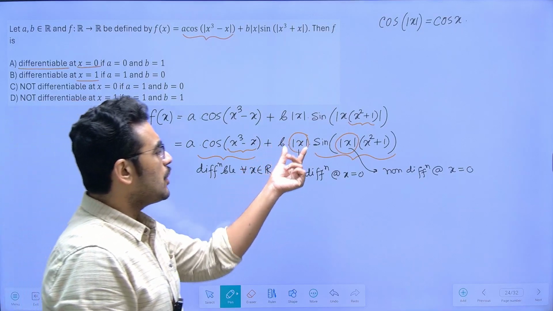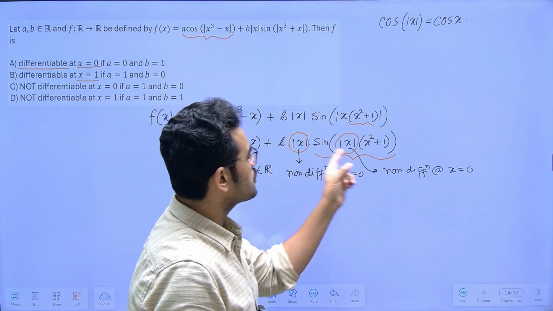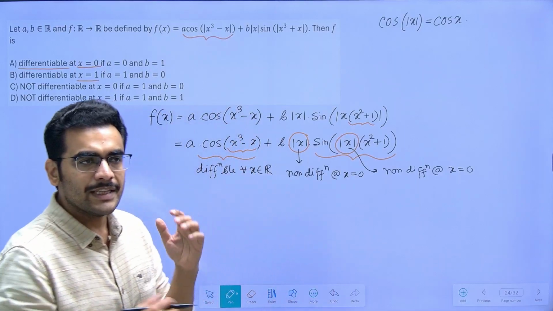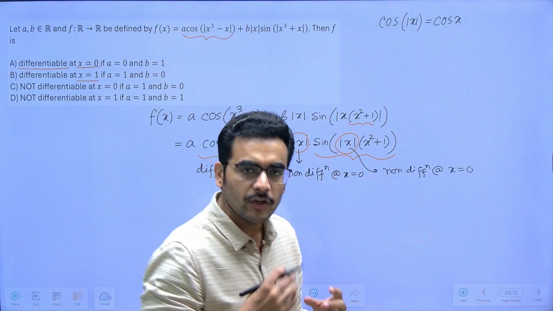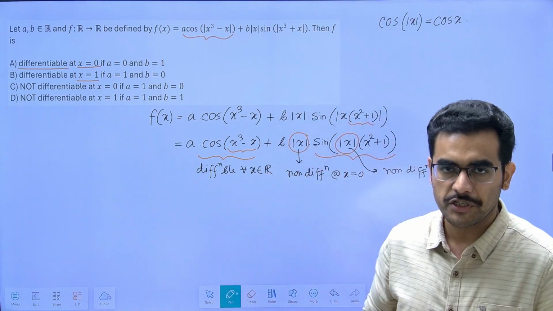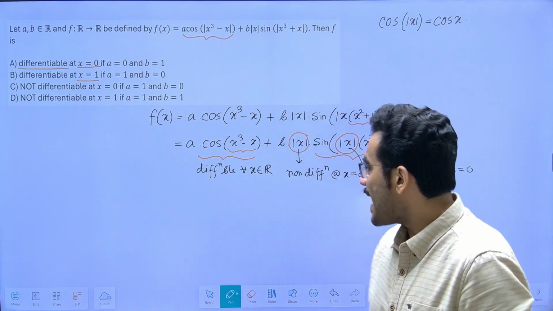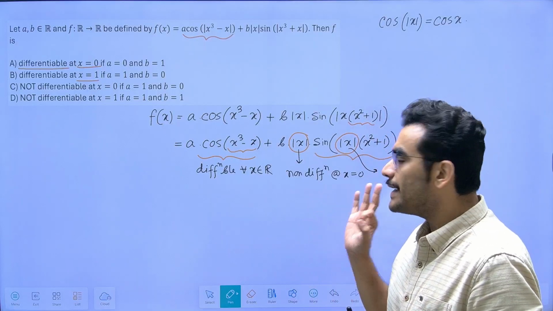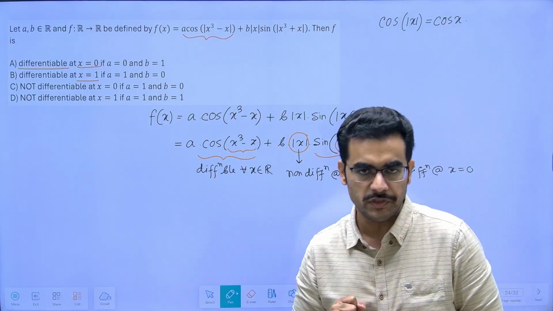So this function is non-differentiable at x = 0 and this function is also non-differentiable at x = 0. But since we are multiplying them, we cannot immediately say that they will be differentiable or non-differentiable. We need to test for that at x = 0. So we can easily see that the non-differentiability can only appear at x = 0.